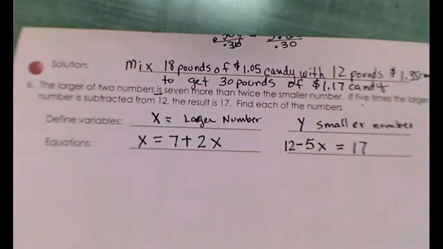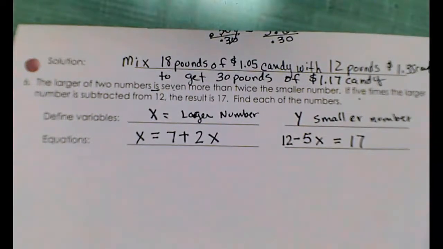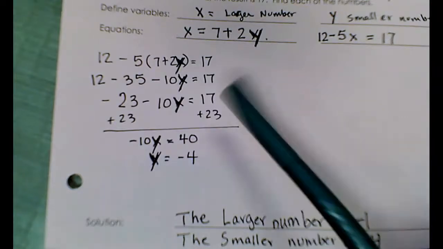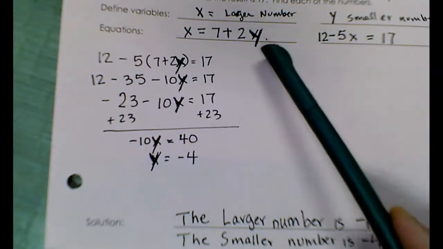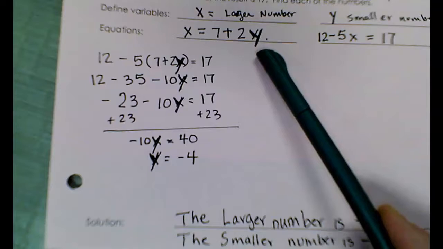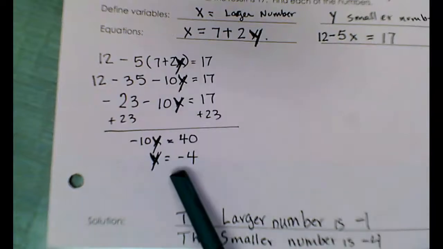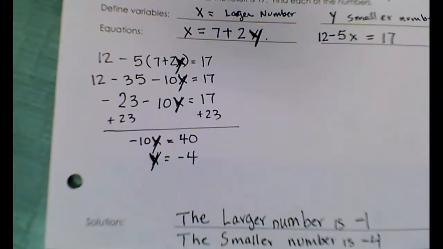Here is the last problem, the last two equations. See if you can solve it. As I said just a minute ago, I wrote this equation kind of sloppy. That should have been x equals 7 plus 2y. And so then when you substitute in this equation, you should have gotten y equals -4.